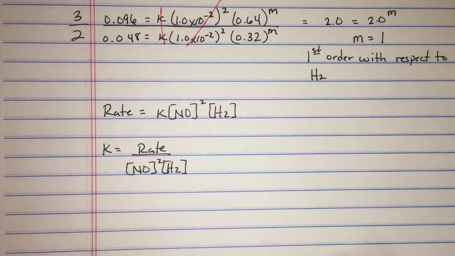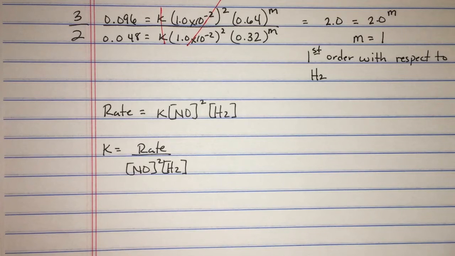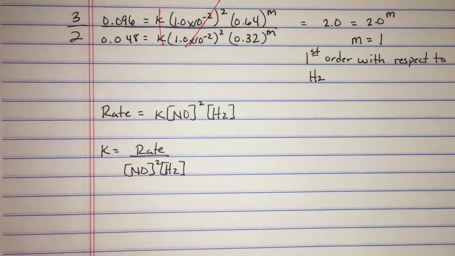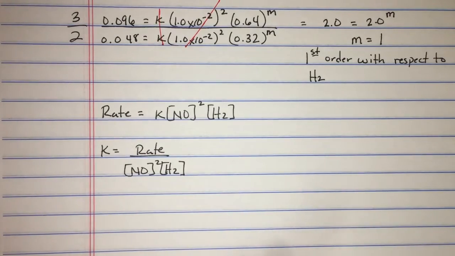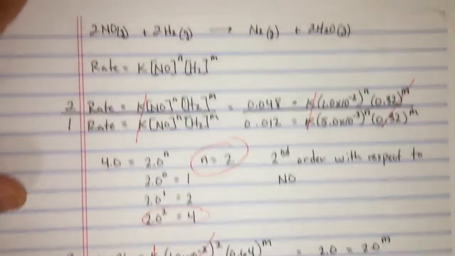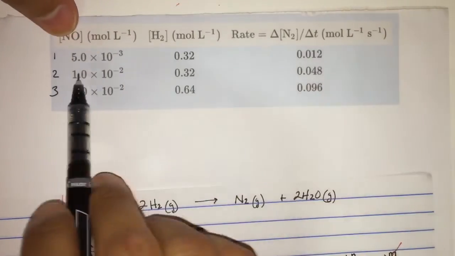No matter what different concentrations you use, the rate constant is going to be constant. And so you can pick any experiment you want. I'll go ahead and use experiment 1. I'll use the data for experiment 1.